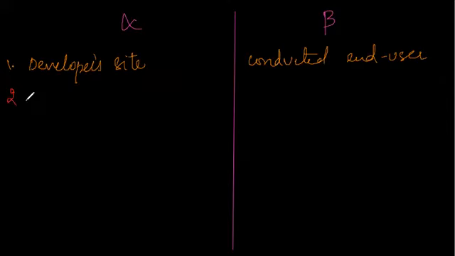Then the second one is that in alpha testing the software is used at a natural setting. That is, you're not going to make any changes here. You're just going to test the software, and as the developer is testing it, the developer will be watching what you're doing.